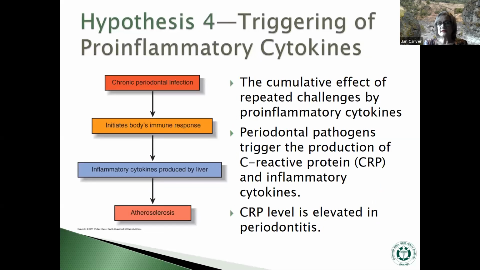This one is one of my favorite hypotheses, only because it definitely shows one of the more likely pathways. And that is that when our body starts getting inflamed, it produces cytokines. Now, I once heard somebody describe cytokines in the body as machetes. They just go in and destroy tissue. That's what they do.